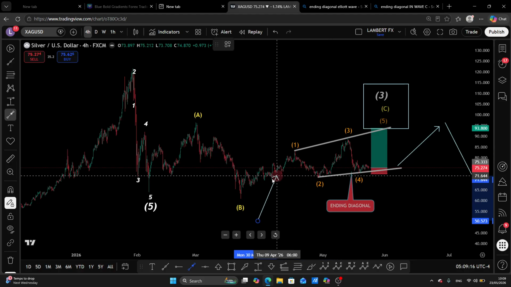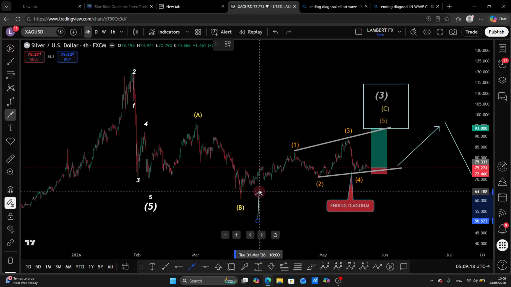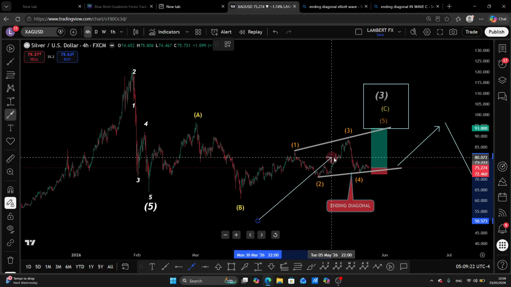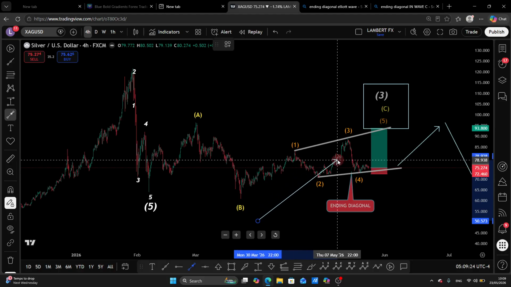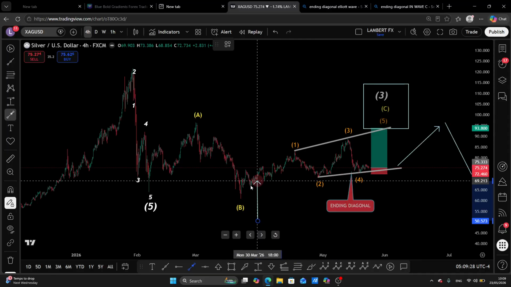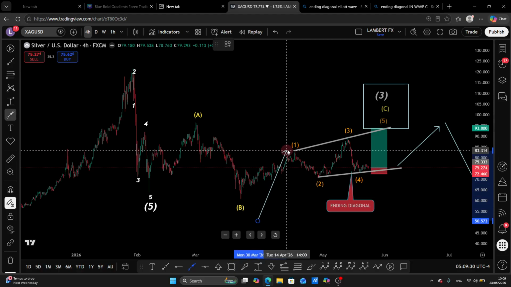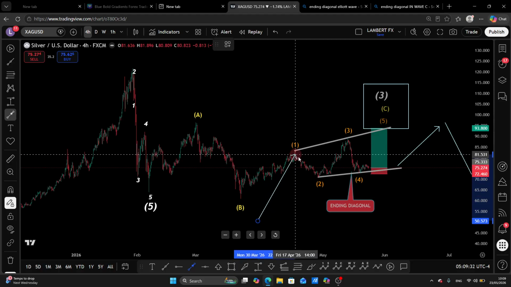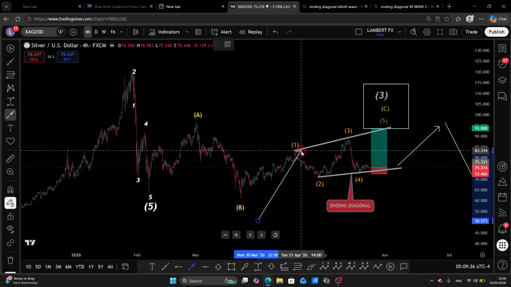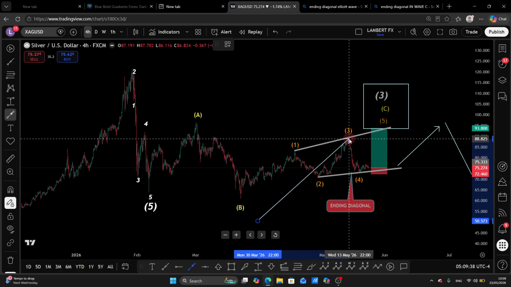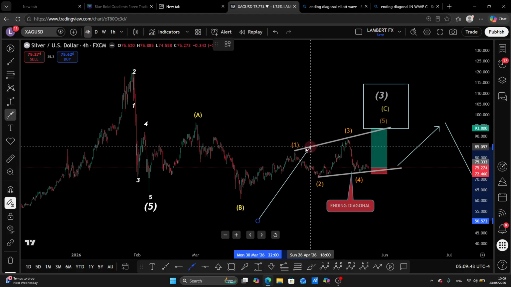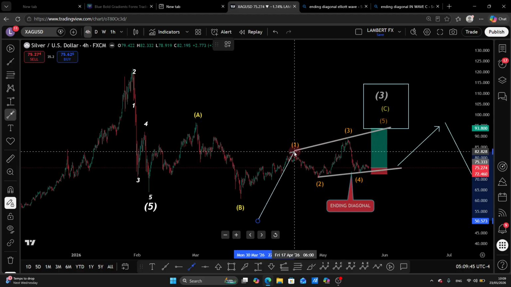But in an ending diagonal, your leg 3 must be shorter than the leg 1. As you can see, this leg 1 here is definitely longer than this leg 3. So that's one of the first rules met. And the leg 3 must overlap leg 1, so basically must close above leg 1, which we saw here.